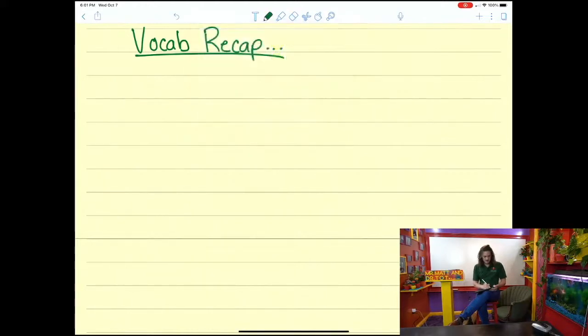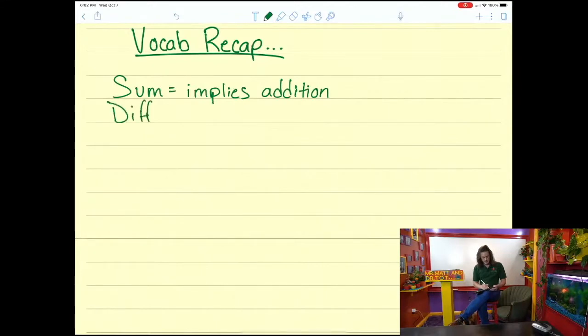Remember that the sum is the answer to an addition problem, so it implies addition. The difference between or among values implies subtraction.